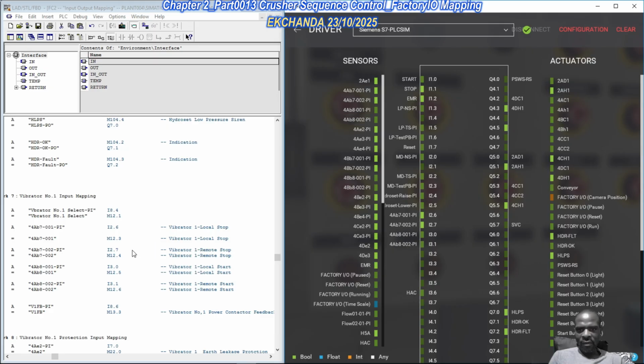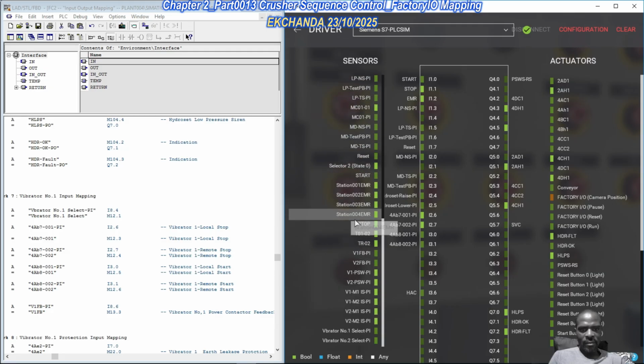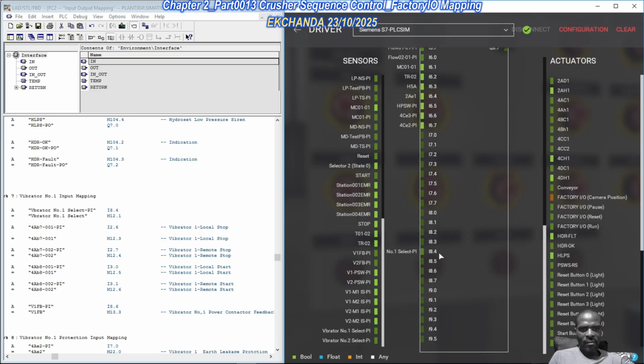So I've taken care of local start, remote start, and then vibrator 1 feedback. Vibrator 1 feedback is mapped to input 8.6. This one here.